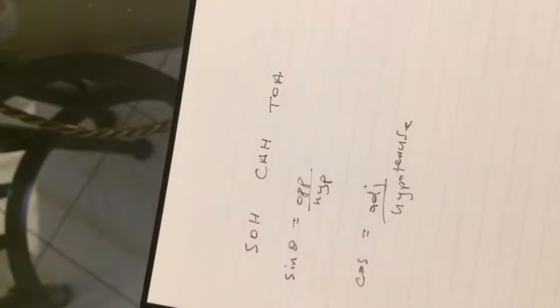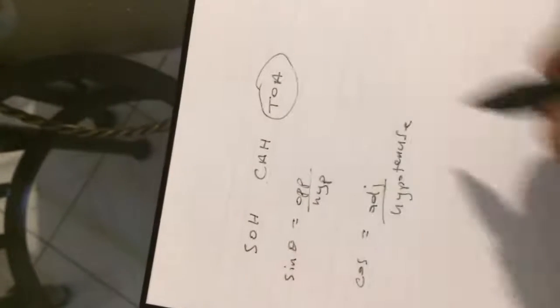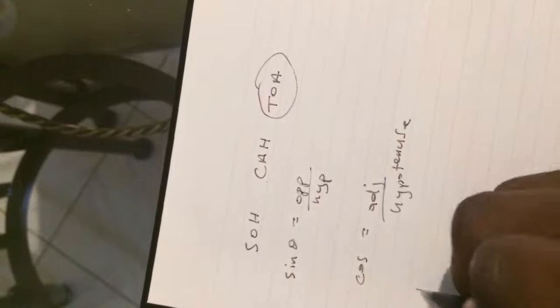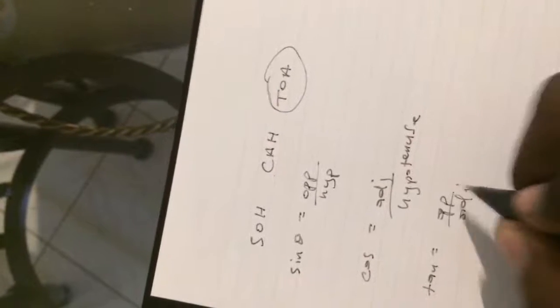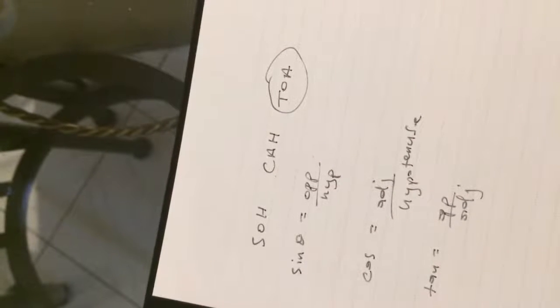And for TOA, tangent is equal to opposite over adjacent. Now, these ratios are useful to find missing angles and to find missing sides. Whereas with Pythagoras theorem, you only use it to find missing sides.